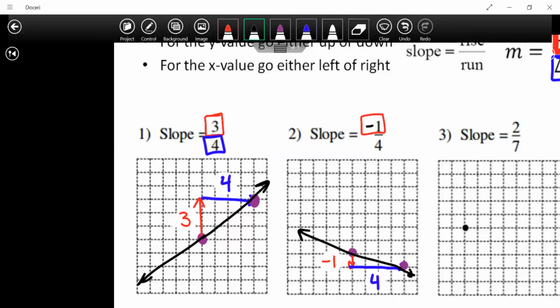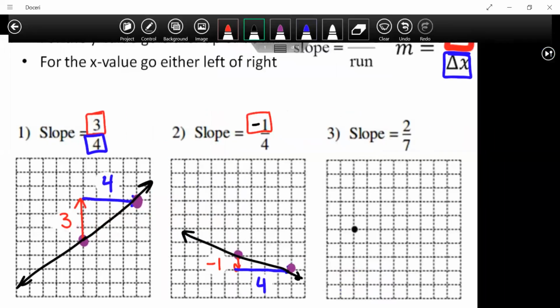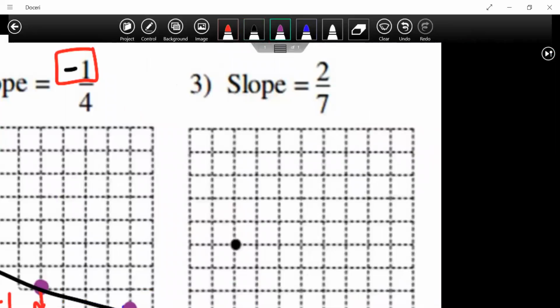Okay, let's do the last one. What direction should the slope be facing? Up. It should be going up. So we're going to find our point. We're going to go up to over 3, 6, 7.